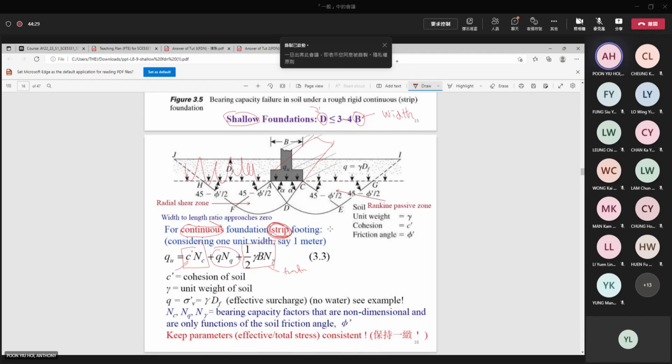So you can see in this equation, if the cohesion is high, the bearing capacity is high.